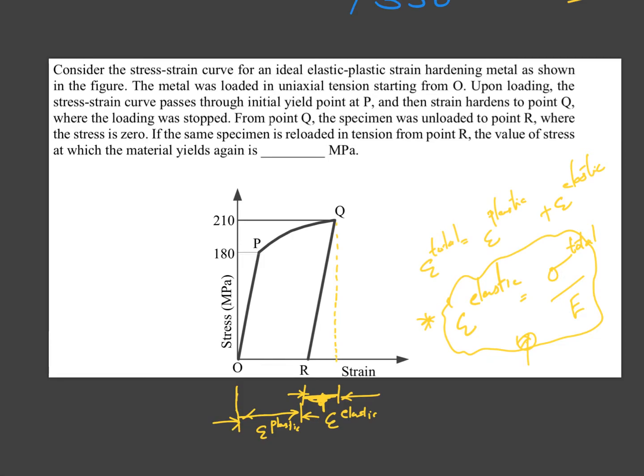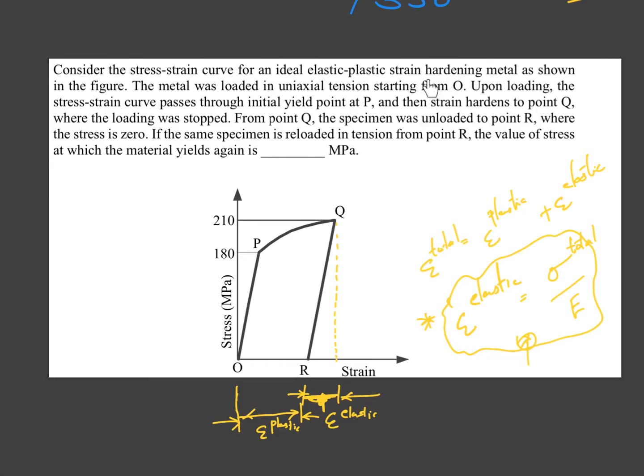But now the question in this problem is, if the same specimen is reloaded in tension from point R, what is the value of the stress at which the material yields again? Now coming to the explanation, this material is undergoing strain hardening.